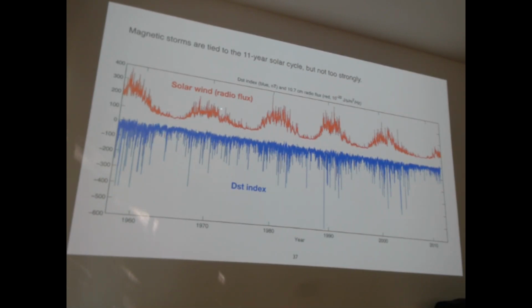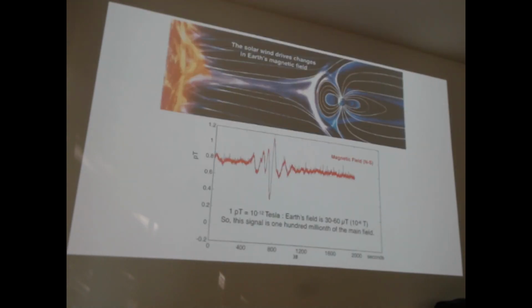And you can see how the solar cycle is loosely, this is DST, so these are magnetic storms. That's the big magnetic storm that wiped out Canada's power system around Quebec.